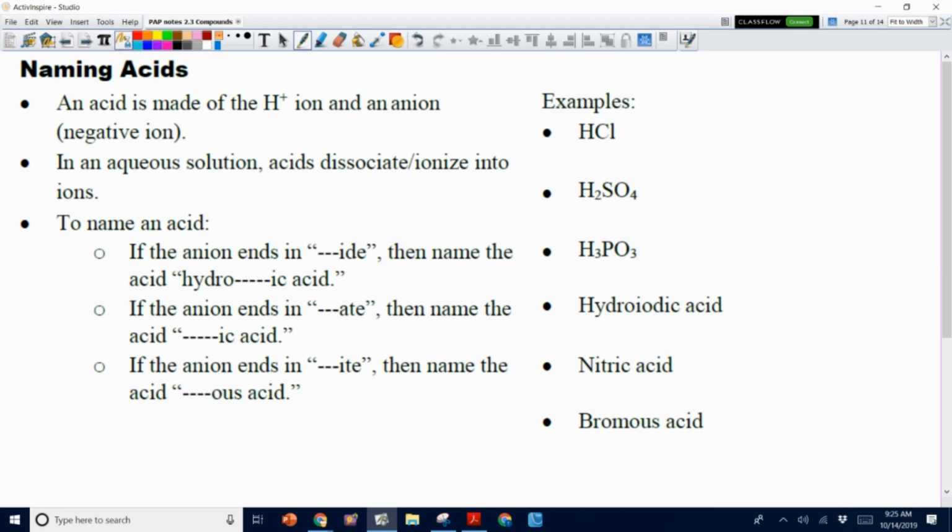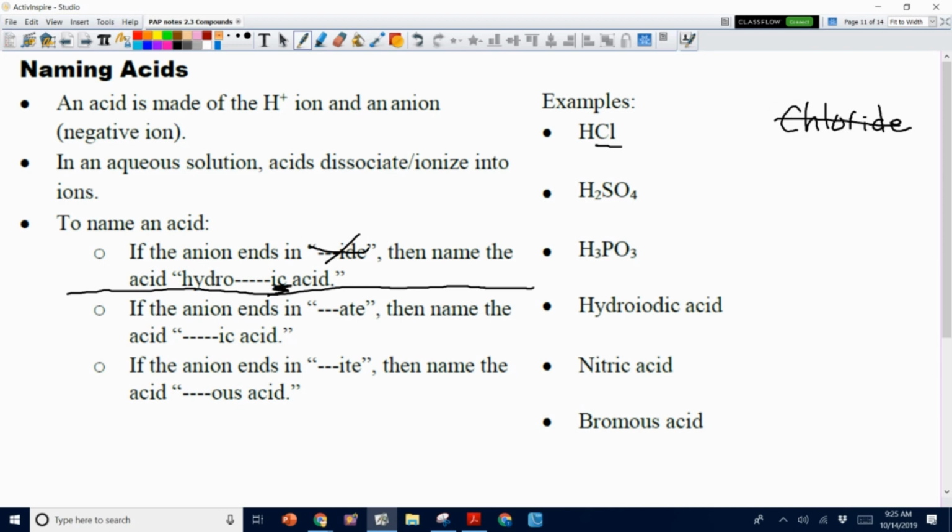So to name this, the anion ends in ide. So this chlorine ion would be chloride. So what we do is we take that ide ending and we change it to ic. Okay.